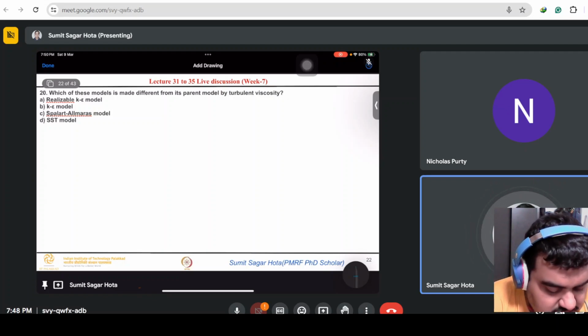And what is it made different from its parent? Obviously, the realizable K-epsilon is different in terms of turbulent viscosity.